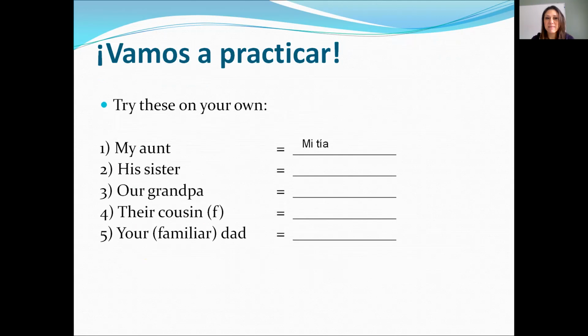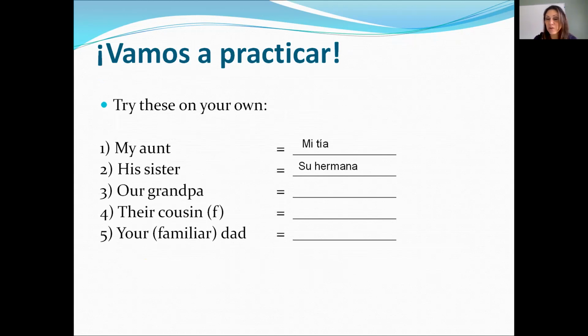My aunt, mi tía. His sister, su hermana. Joshua, what would our grandpa be? Nosotras. No. Oh, wait. You're using possessive adjectives. What's the form? Nuestro abuelo. Nuestro.